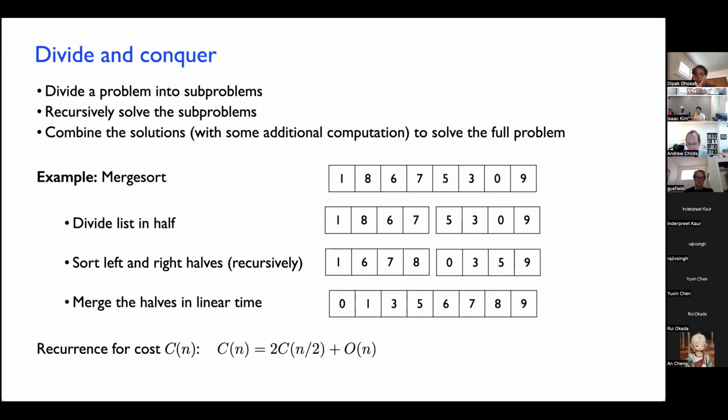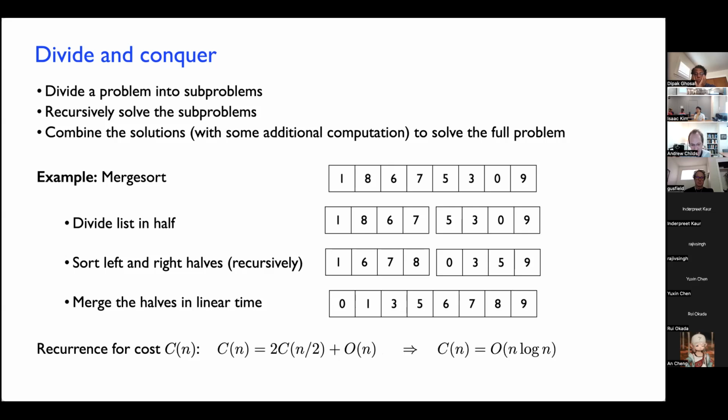And so that gives you a recurrence for the cost of solving this problem, right? The cost C of n of sorting this list of length n obeys this recurrence, where you solve two subproblems of half the size, and then you do a linear amount of extra work. You can solve this recurrence, where the initial condition is that C of 1 is 1.